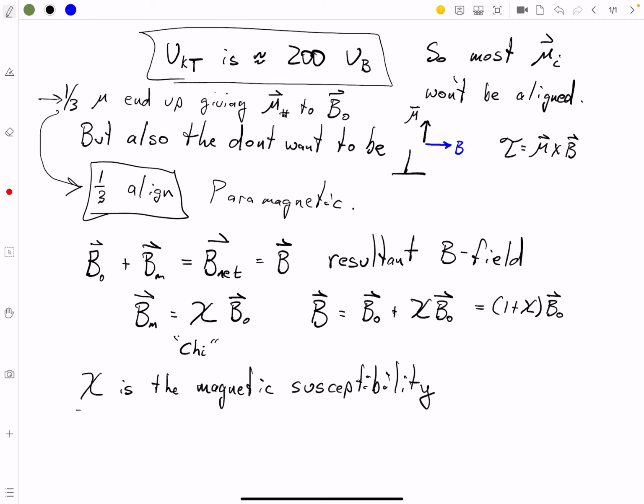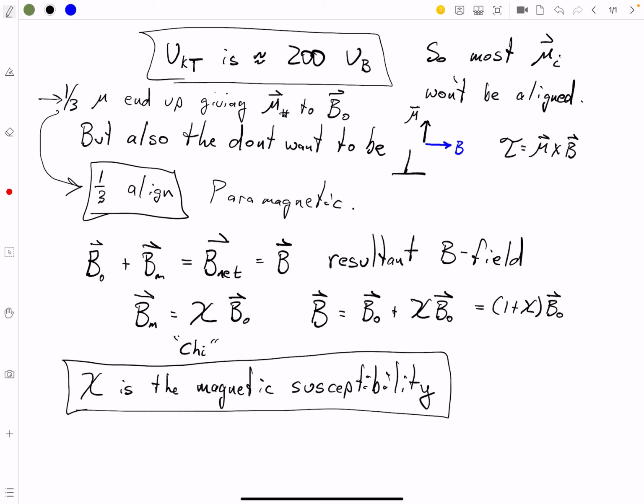Magnetic susceptibility is how susceptible this material is to the magnetic field, generating or opposing its magnetic field. A diamagnetic material will have a susceptibility that is less than, or maybe even less than 0, compared to a paramagnetic material. Let's get into that.